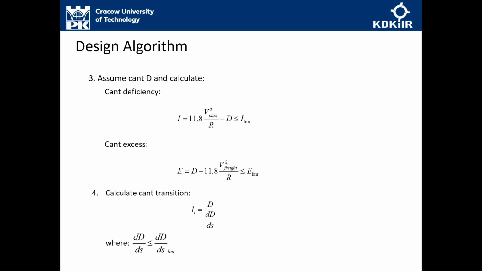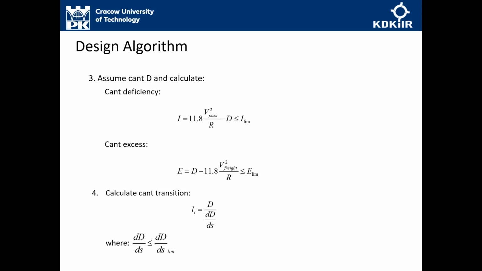Both values, I and E, are related to the values 153 millimeters and 110 millimeters, the maximum allowed limits. If the values of the parameters I and E for the values of the radius R and cant D defined by you are within the limits, then you can assume that the radius and the cant are proper.